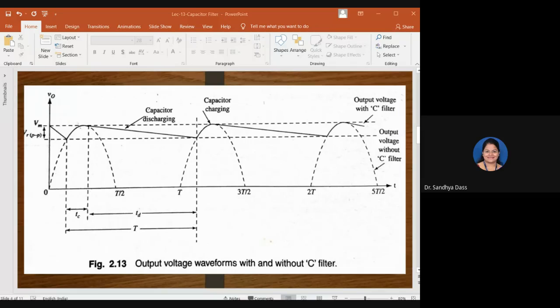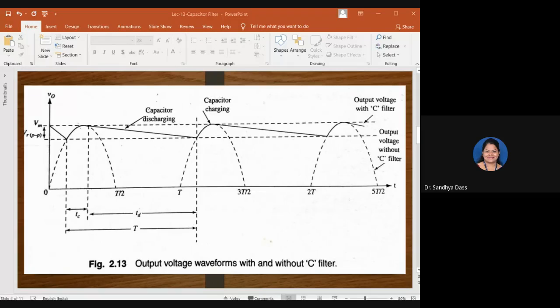What do you mean filtering will be poor? That after a full wave rectifier. Okay, I didn't get your question at all. Maybe with further discussion, your doubt will get cleared.